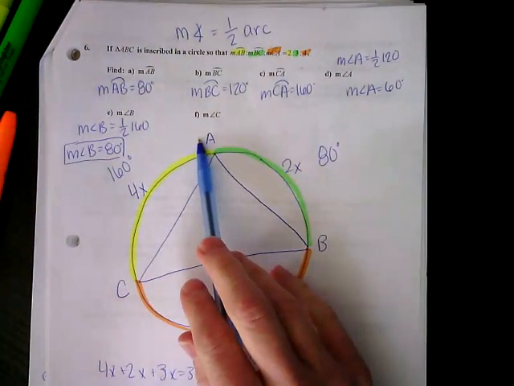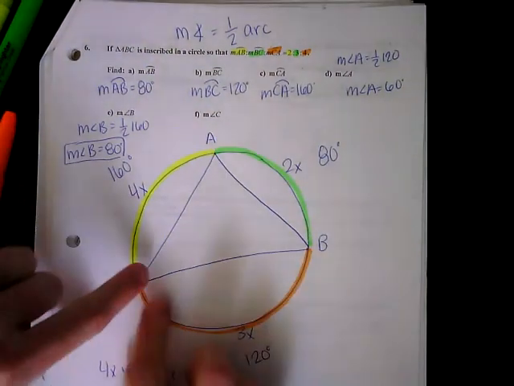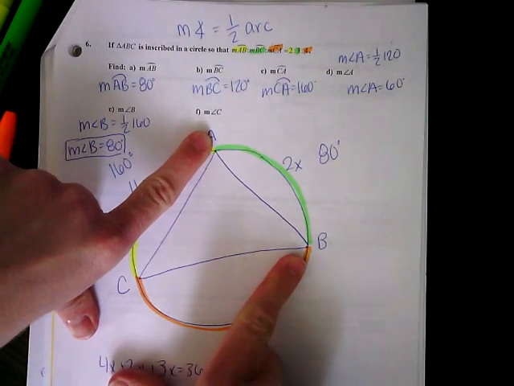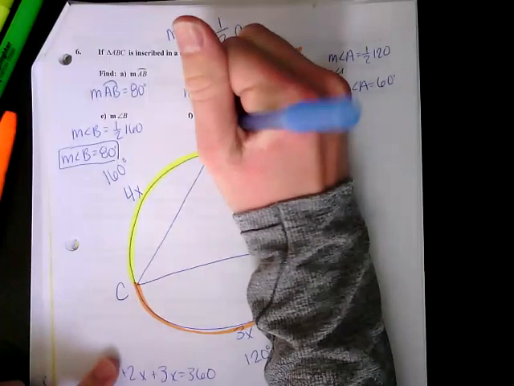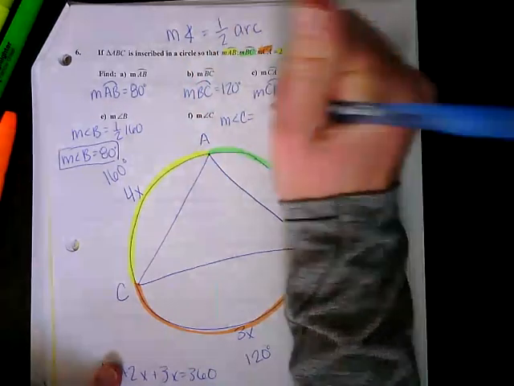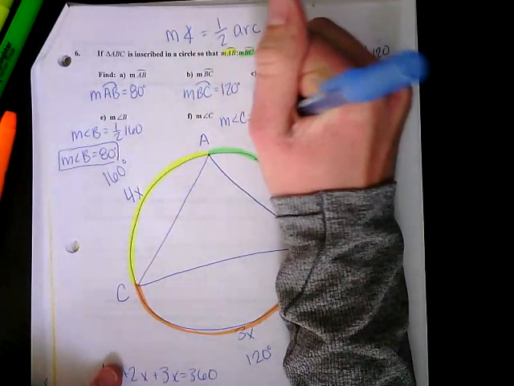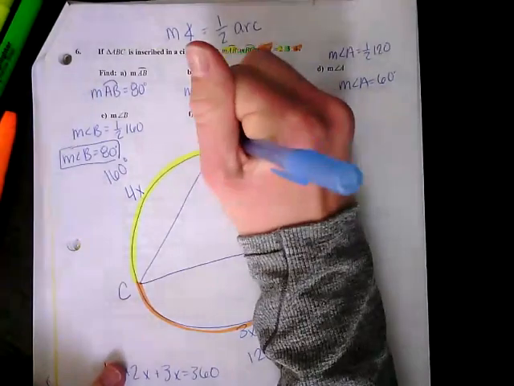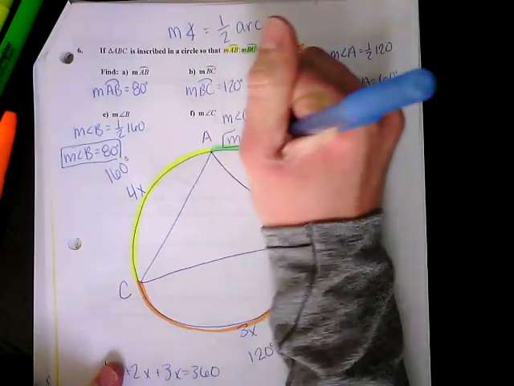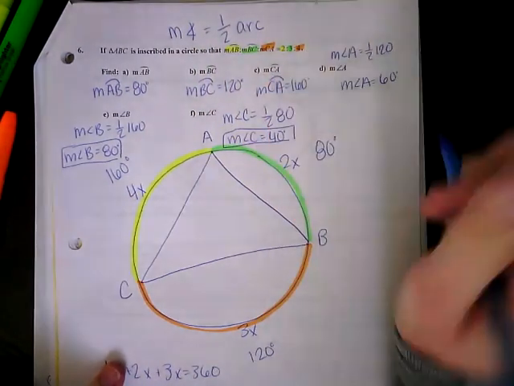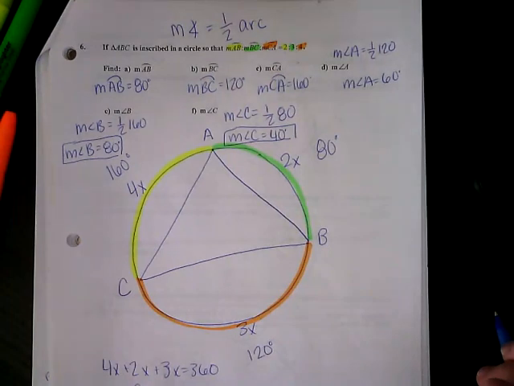And last but not least, the measure of angle C. Angle C intercepts arc AB, which is 80 degrees. So the measure of angle C is equal to half of 80, which is 40. Okay, so that is lesson 3.